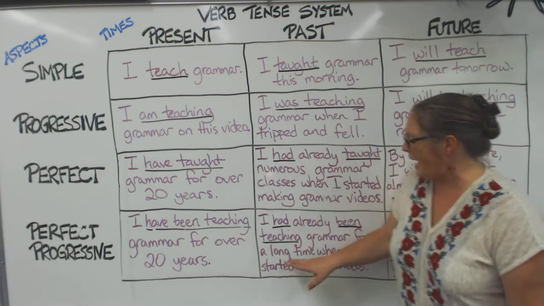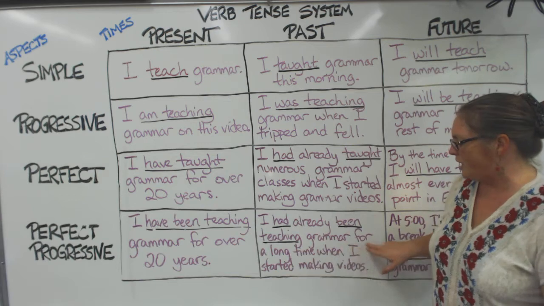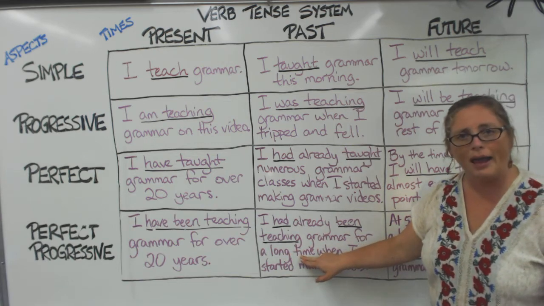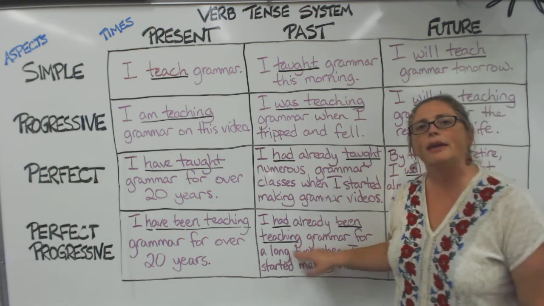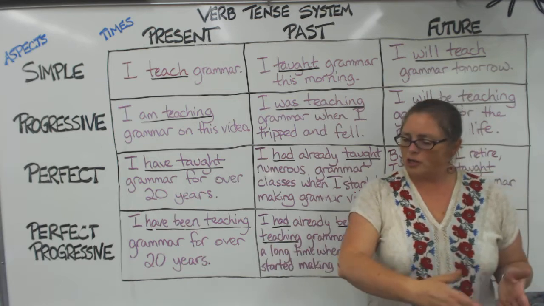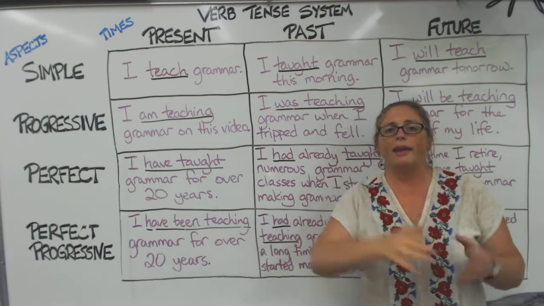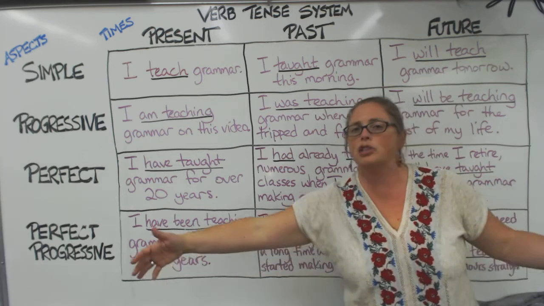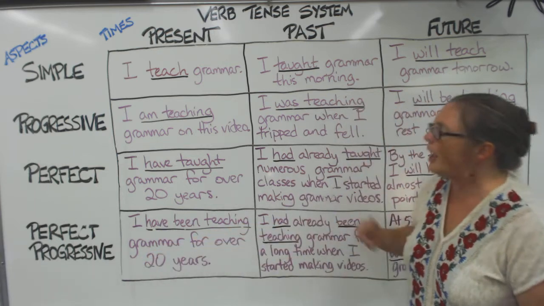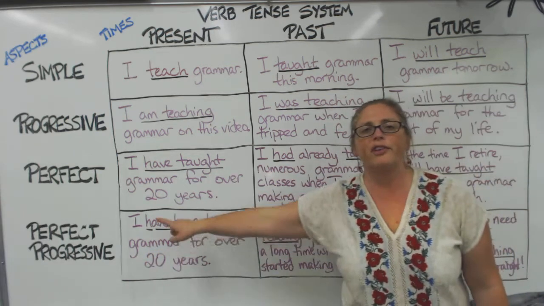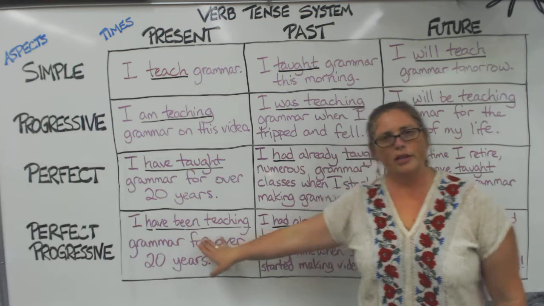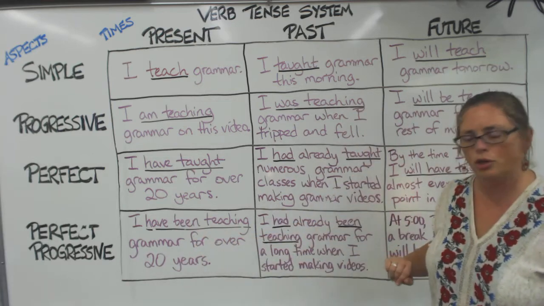If you are using a length of time, for a long time, and you are describing an action that just continues, one time, one action continuing, then you will probably use the perfect progressive, whether it's present or past or future.